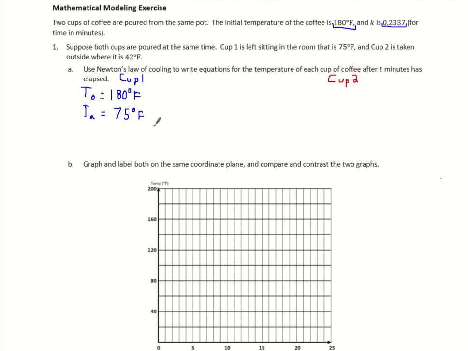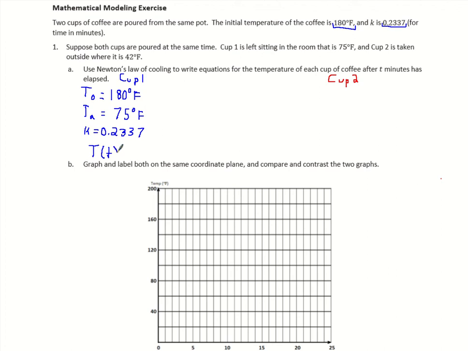And then the last thing that we know is that K is always going to be 0.2337. Now we can take all of this and make the equation.